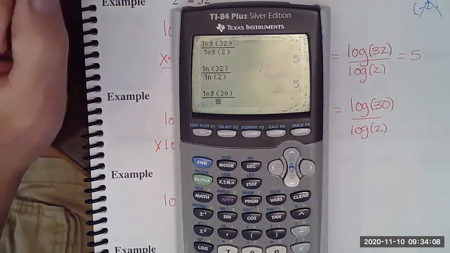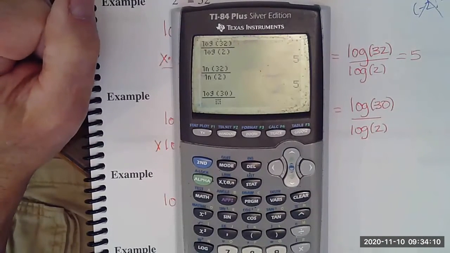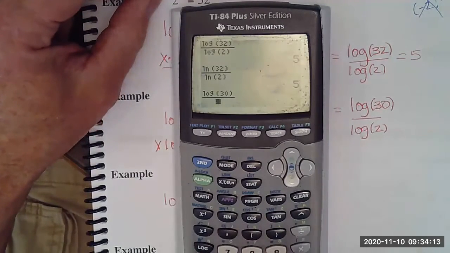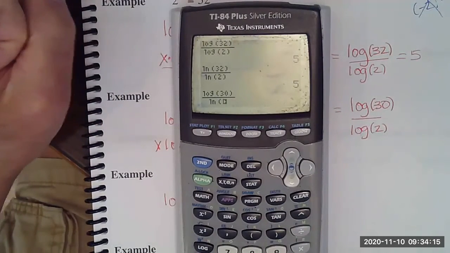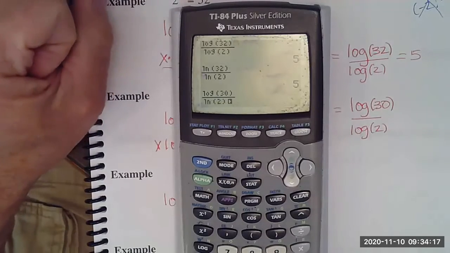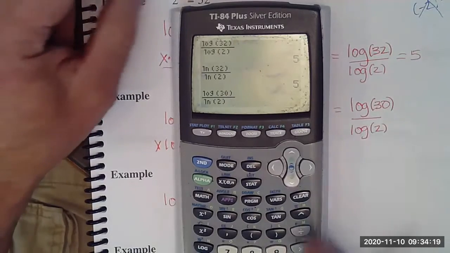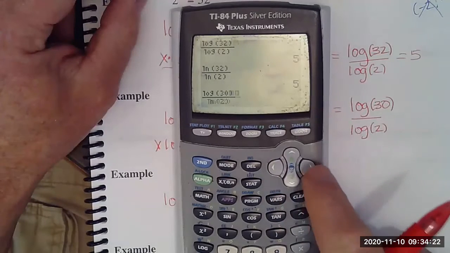Now, if I do a log on the top, I can't do an ln at the bottom. I think most of you know that. Don't do an ln 2 down here because you're not going to get the right answer. So if you do log, you've got to stay with log.